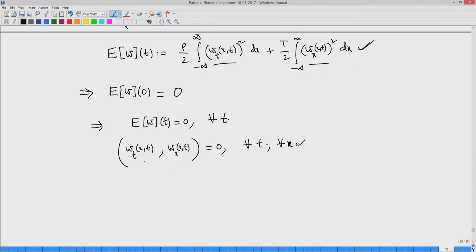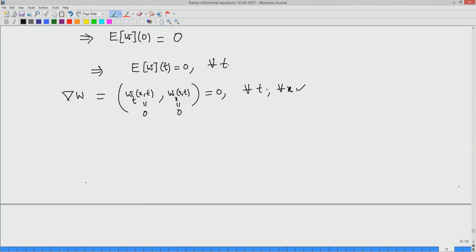So this is 0 separately and this is 0 separately, which I am writing as this, and this is actually the gradient of w. If this is 0 for every x and t, w has to be constant, and that is w at 0, which we already know is 0.